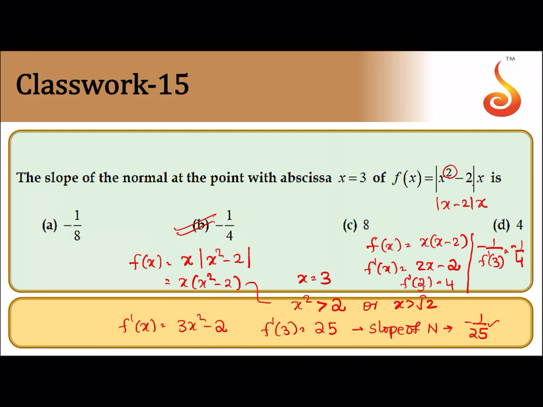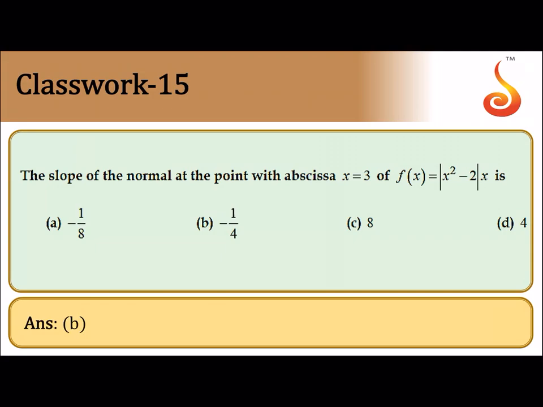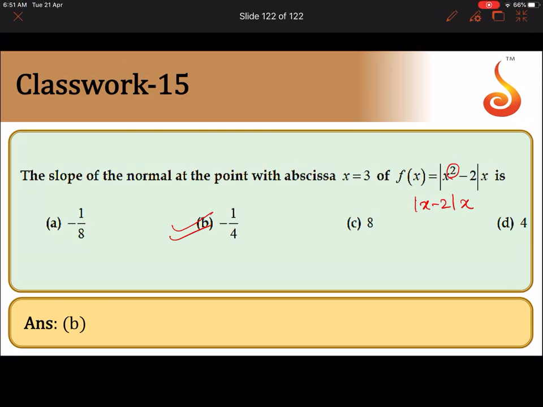If we take x square minus 2, then the answer will be minus 1 by 25. I hope we have covered almost all problems. Example: B, minus 1 by 4 is correct. There is an error. It is only modulus of x minus 2 into x.